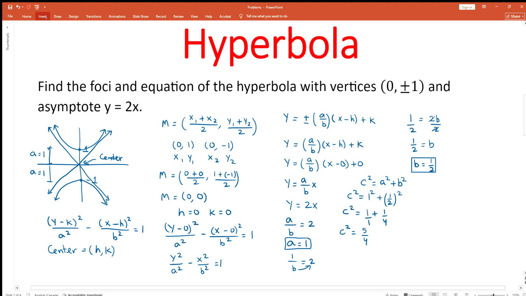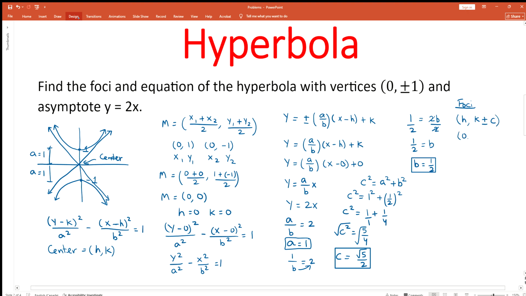Next we can apply square root to both sides. I get c equals square root of 5 over 2 because square root of 4 is equal to 2. The value of c is always positive. So this is the value of c we can use to find the foci of the hyperbola. The general point for foci of a hyperbola is (h, k plus or minus c). We can sub in the values.